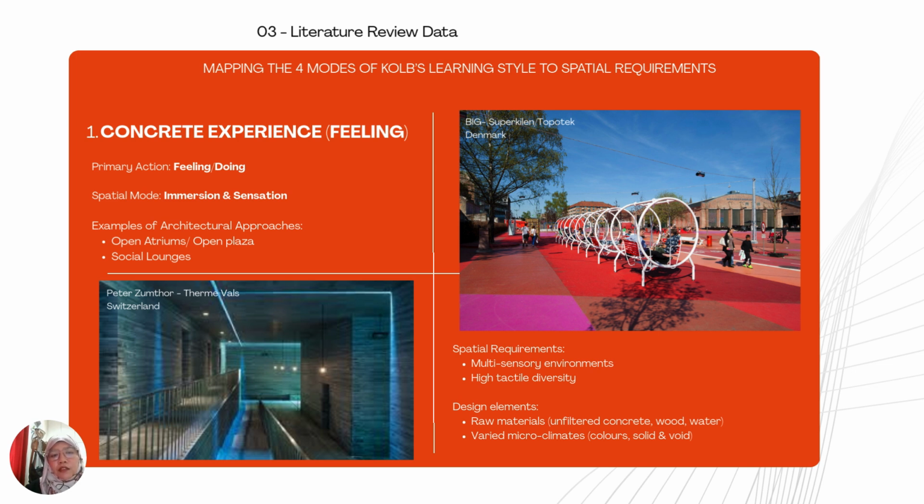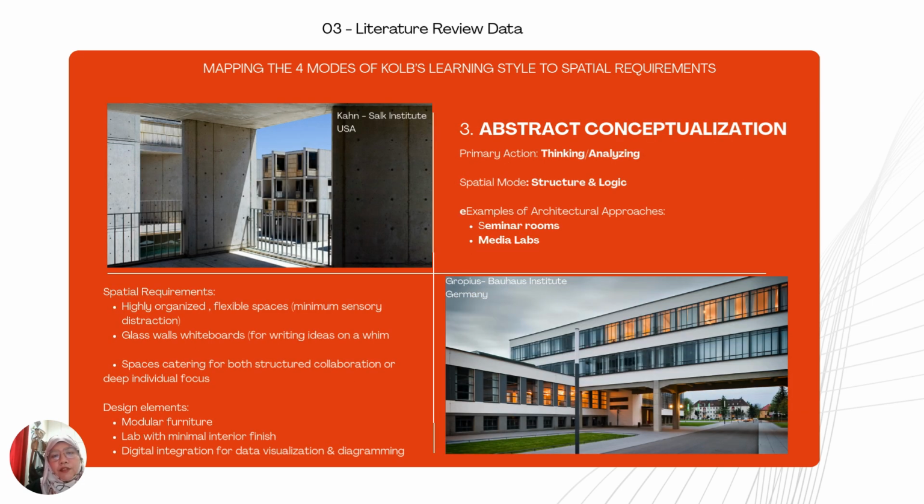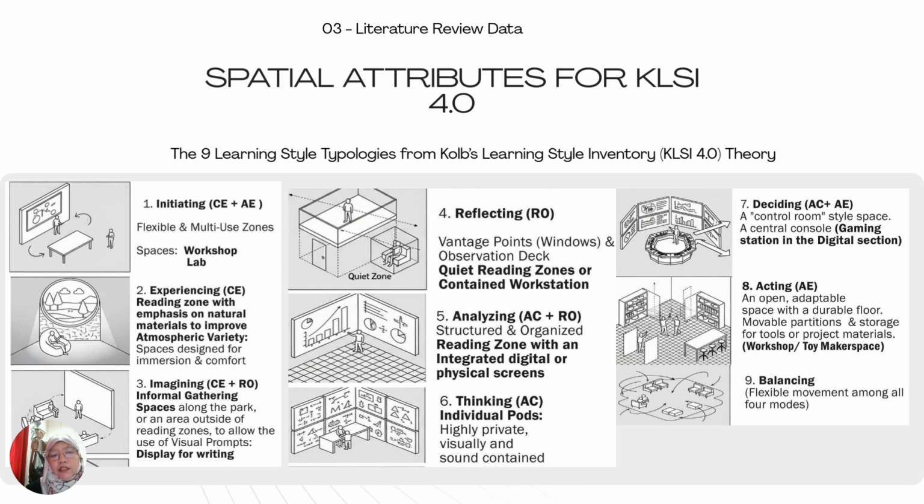These are the four modes of Kolb's learning style and the spatial requirements listed. We have concrete experience, which is the basis of the KLSI 4.0. Second, reflective observation. Next, abstract conceptualization. And finally, active experimentation. These four bases form the overall nine learning style typologies from the Kolb Learning Style Inventory KLSI 4.0 theory.